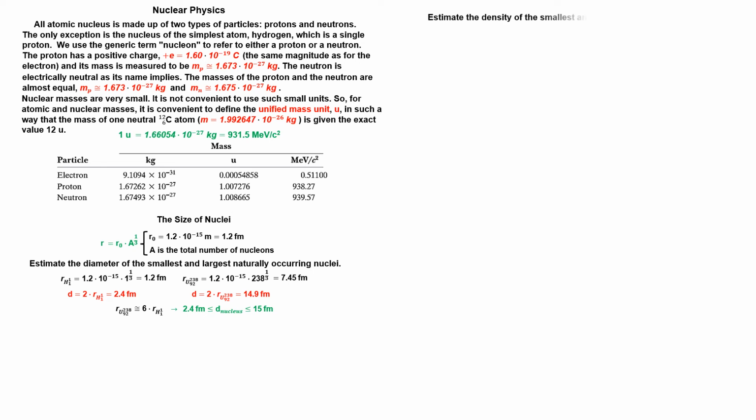Estimate the density of the smallest and largest naturally occurring nuclei. We can picture a nucleus as a small positively charged sphere. The simplest nucleus is that of hydrogen. So we can calculate the volume of hydrogen, and then we calculate the volume for the largest nucleus, that of uranium. We know that the density is equal to mass divided by volume.